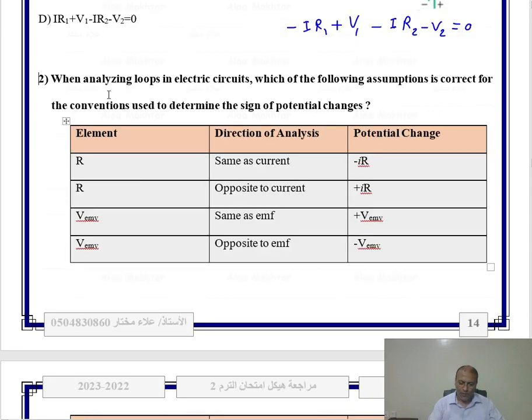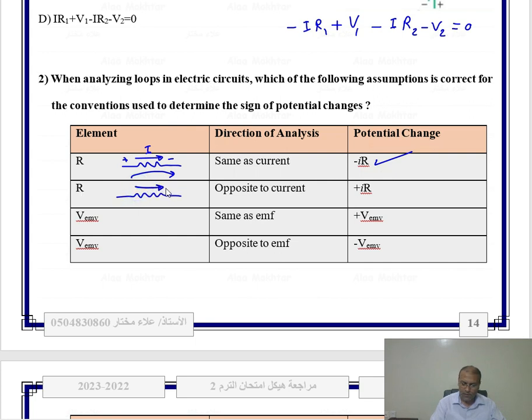Question number 2. When analyzing a loop in an electric circuit, which of the following assumptions is correct for the conventions used to determine the sign of potential changes? Resistance, same as the current, as you see, resistance, current in this direction, positive, negative, in the same direction, negative IR, it's correct.